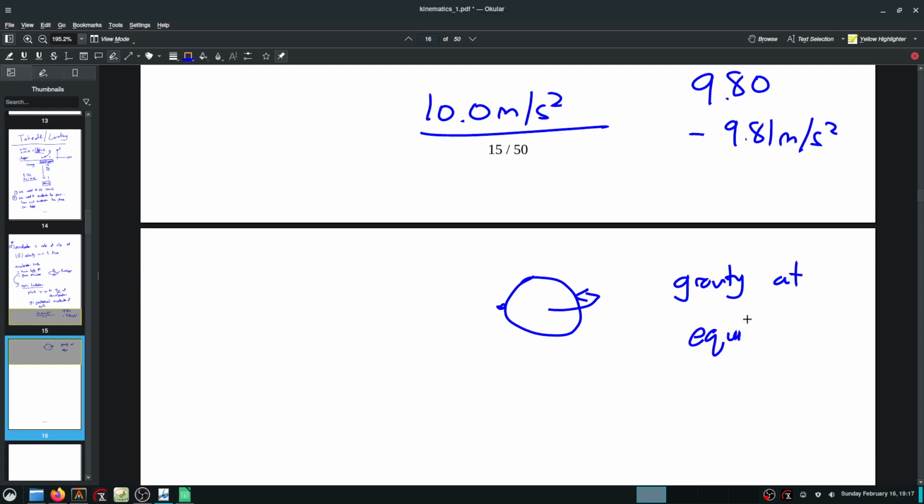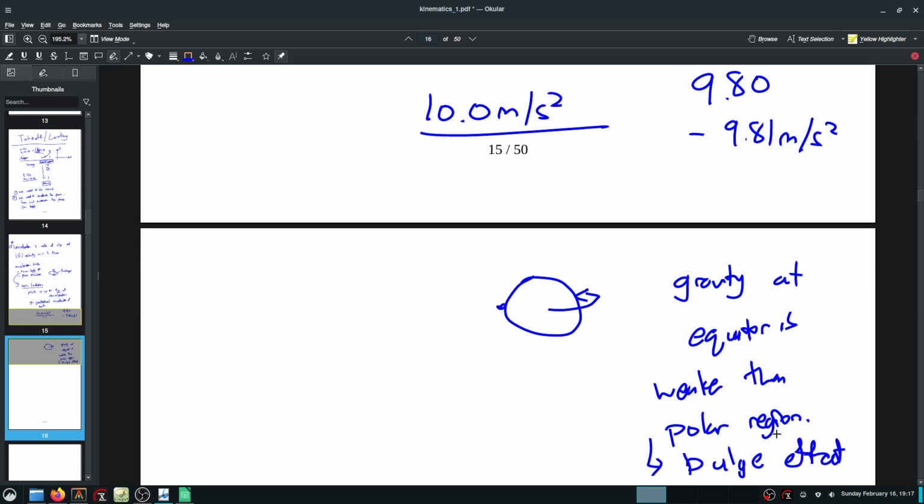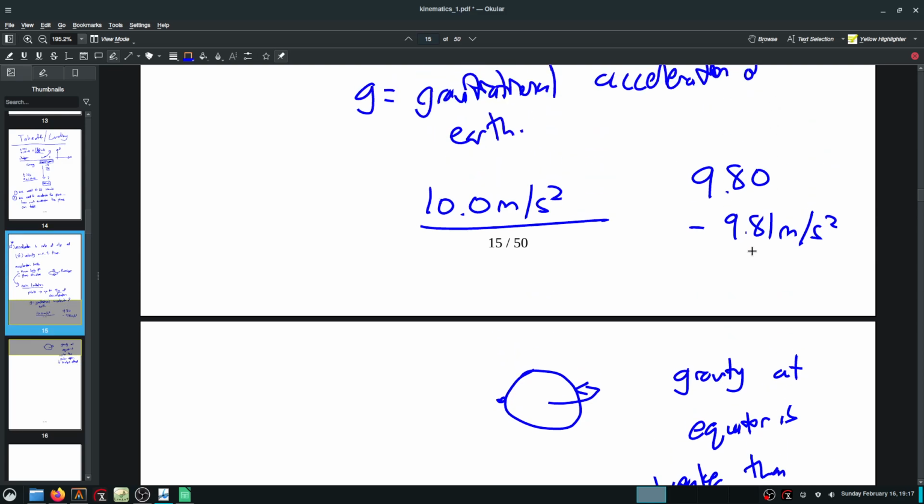Equator is weaker than polar region because of the bulge effect. But this is not so big to change it from 9.8 meter per second square to 8 or something like that. It's more like 0.05, 0.03, that kind of little bit of acceleration.